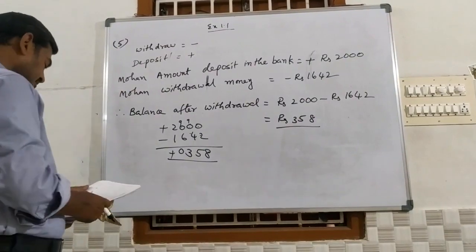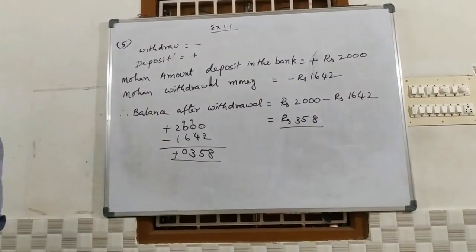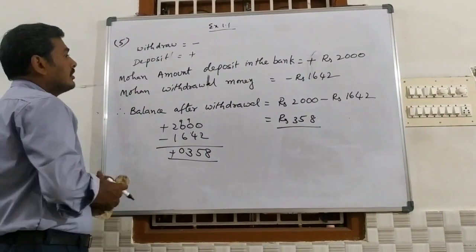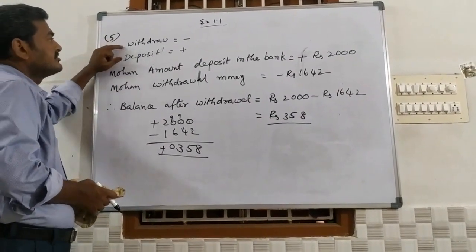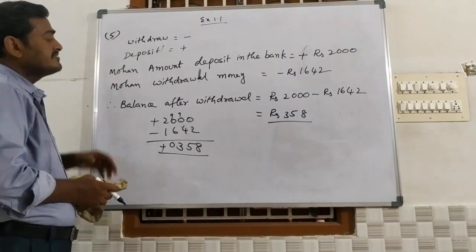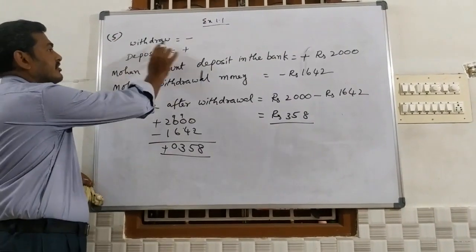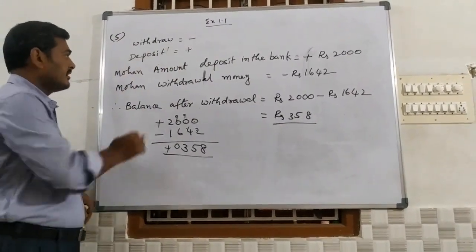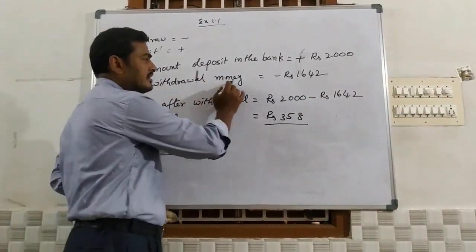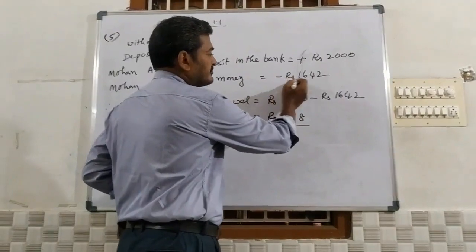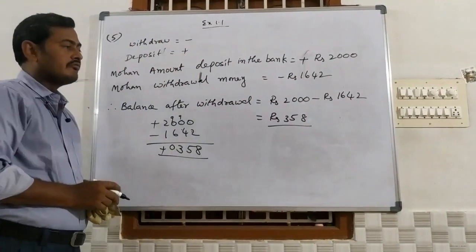358 rupees balance amount. So here in this bank question, the amount Mohan deposited, deposit represents plus symbol and withdraw represents minus symbol. The money Mohan withdrew from the bank is rupees 1642.